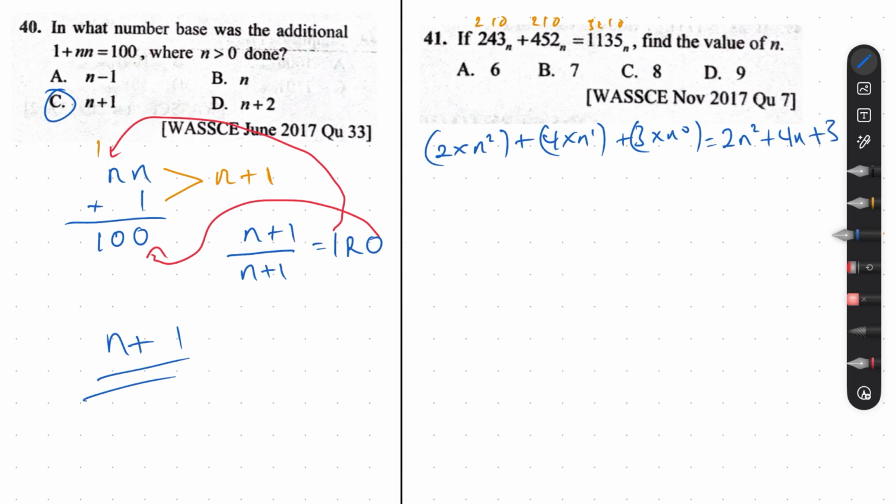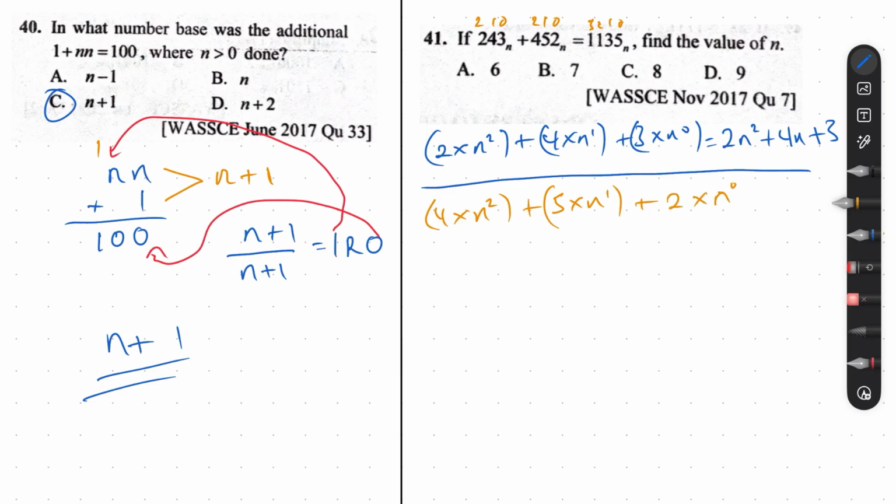Now let's do the second one, which is 4 times n power 2 plus 5 times n power 1 plus 2 times n power 0. That will give us what? 4n squared plus 5n plus 2.